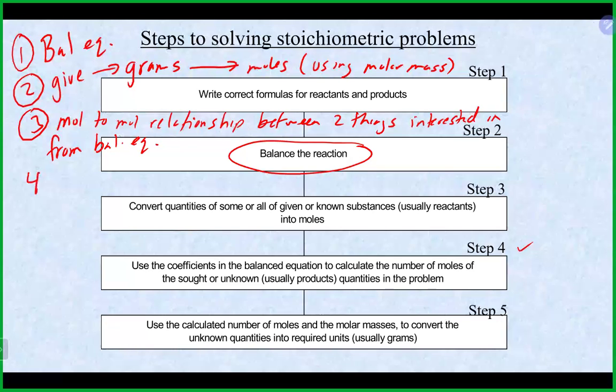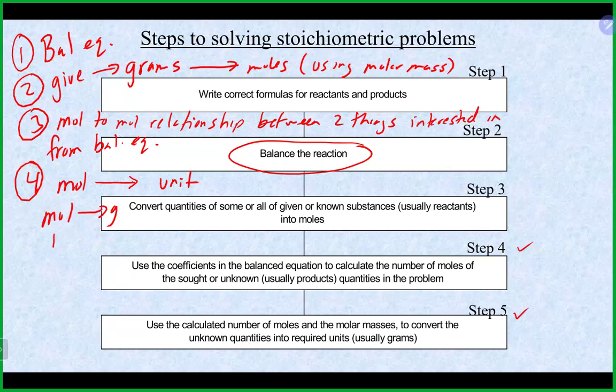The last step, which is step number 5 here, is you're going to use the moles, and you should be in moles at this point, and you're going to convert it into some other unit. That usually will result in moles going to grams using the molar mass, again on the back end.